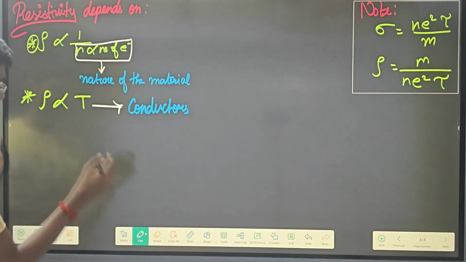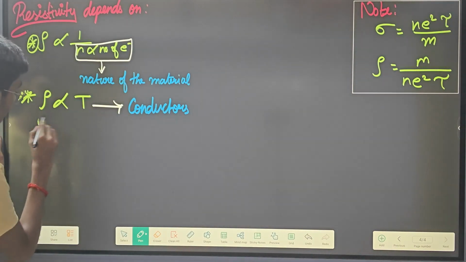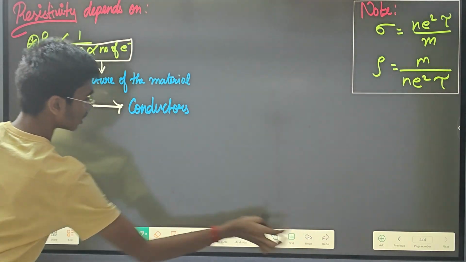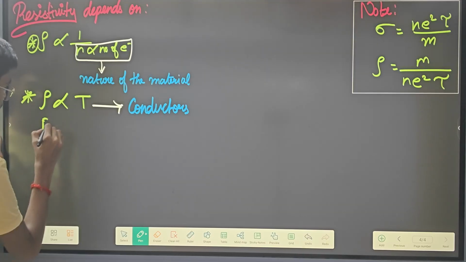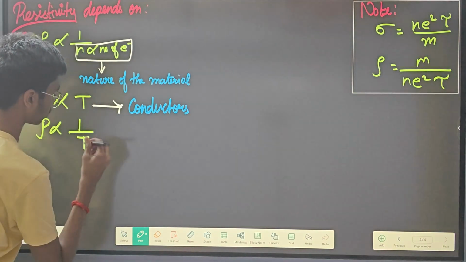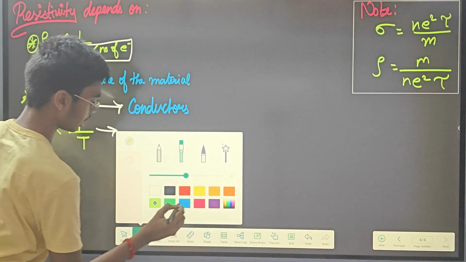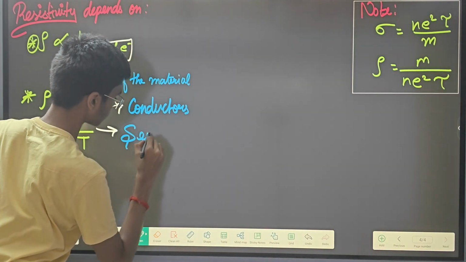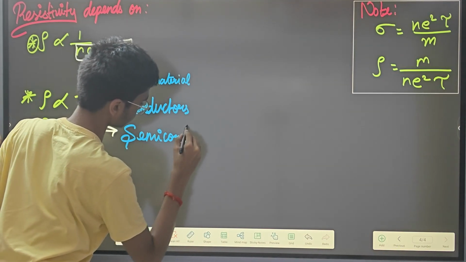For conductors it is directly proportional, but for semiconductors it is inversely proportional.